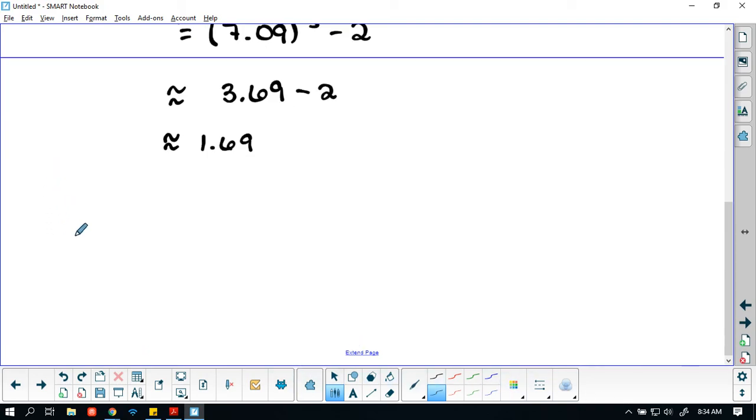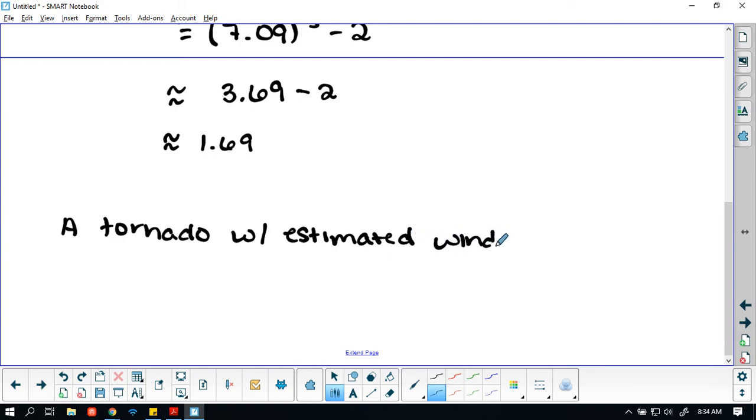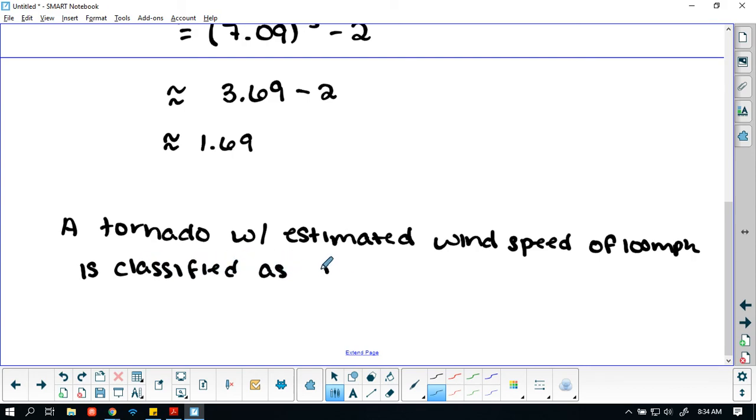Again, this is a word problem, so we do need to end with words. A tornado with estimated wind speed of 100 miles per hour is classified as an F1.